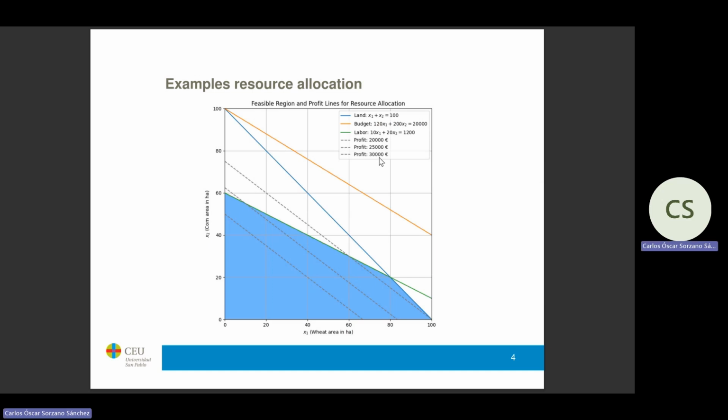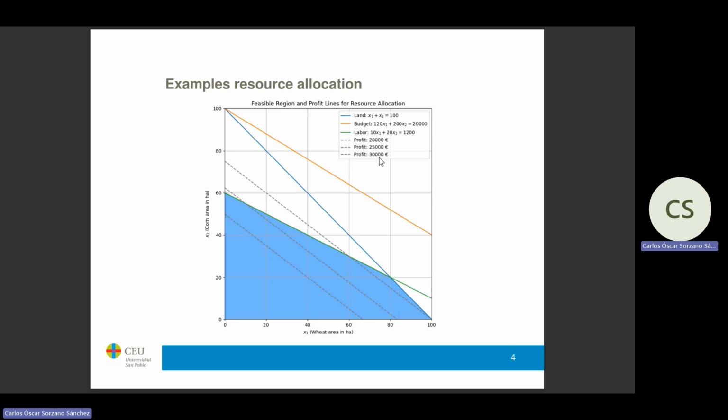Okay, so what are the properties of this problem? So first we have inequality constraints. So inequality constraints mean the solution has to be on this line to the lower part, from this line to the lower part, and from this line, the green line, to the lower part.